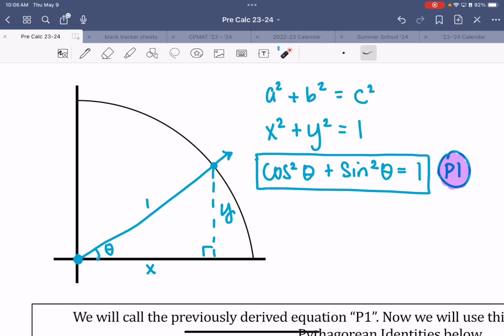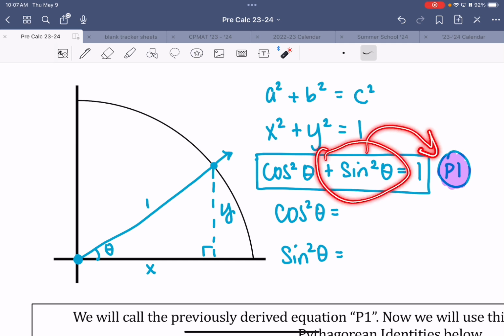So right now we know what is equal to 1. We could also find out what's equal to cosine squared and what's equal to sine squared by just rearranging the equation, kind of like you do in chemistry. So if I want to get cosine squared by itself, I could move the sine squared over to the other side of the equal sign.